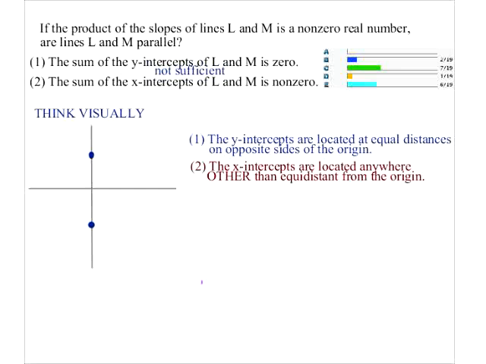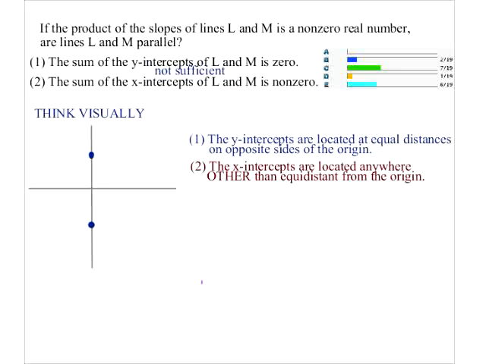In other words, this is definitely not going to tell you whether it's parallel, because you have basically two x-intercepts that are almost anywhere, except like here, equidistant, and they can have any slopes in the world. So that's not going to be sufficient.